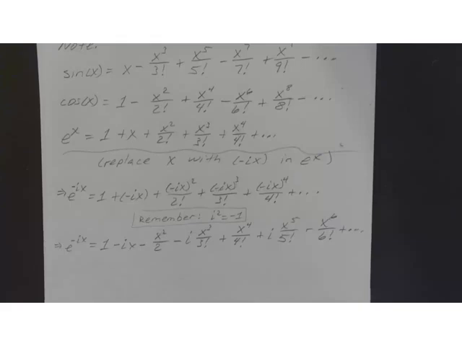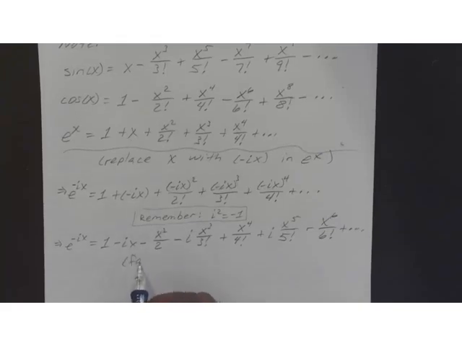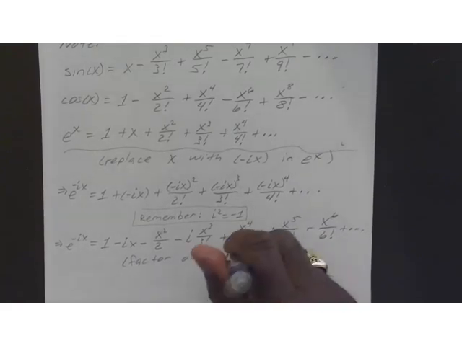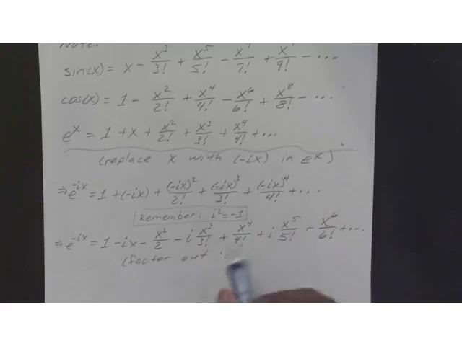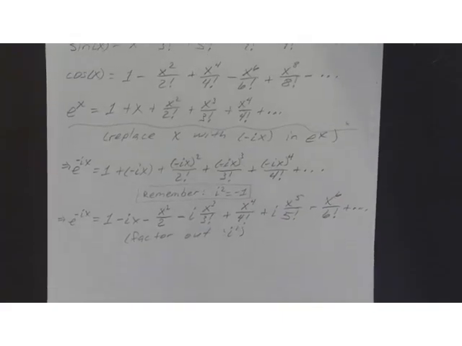Okay, so what if we decide we're going to factor out an i? So that means we have to get all of the terms with an i next to each other.